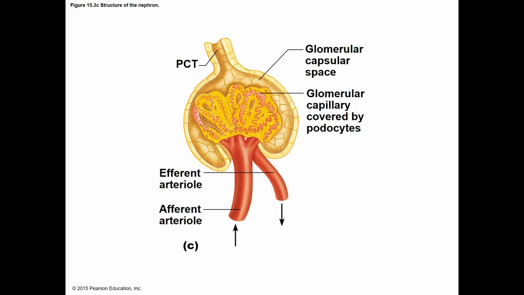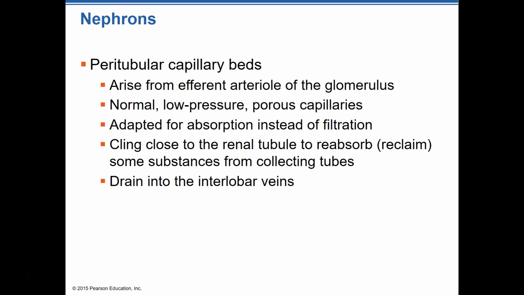High pressure forces those fluids out, and right here are the afferent and efferent arterioles. It points to them right there. High pressure uses the pressure of blood, or blood pressure, sorry, to move those fluids around. And then we have the peritubular capillary beds, but they come from that efferent arteriole that comes from the glomerulus, like I talked about.